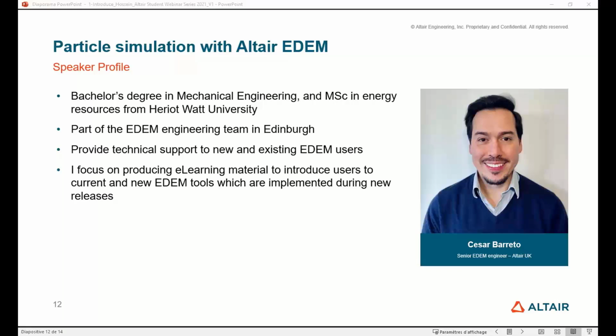And calibration is a key point in EDEM, because then you are guaranteed that your simulation is representing something that is real. What you have to do is follow a methodology where you try to match what you set in EDEM with the real material property, for example, bulk density. And then after you match that bulk density, you match with a real test.